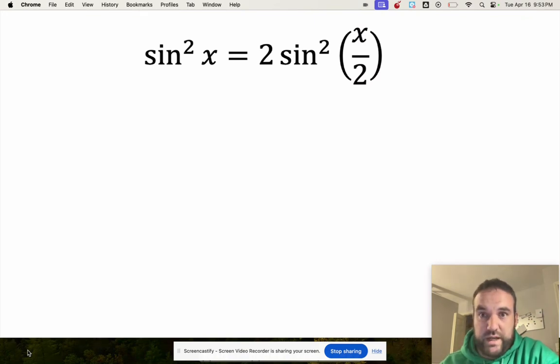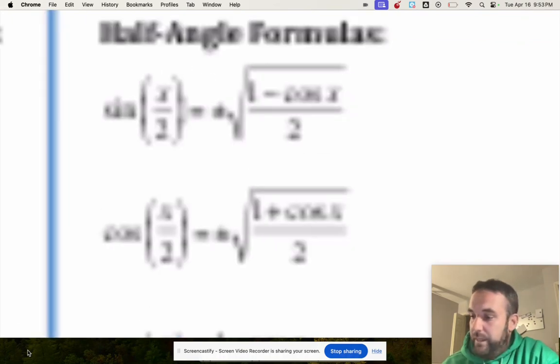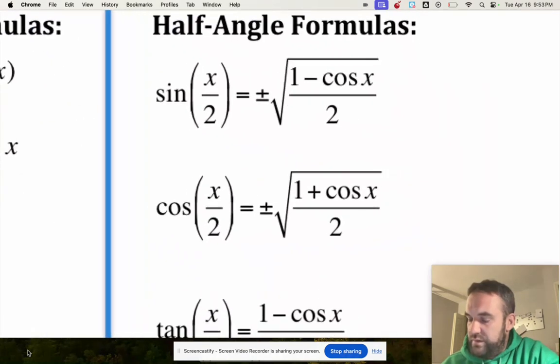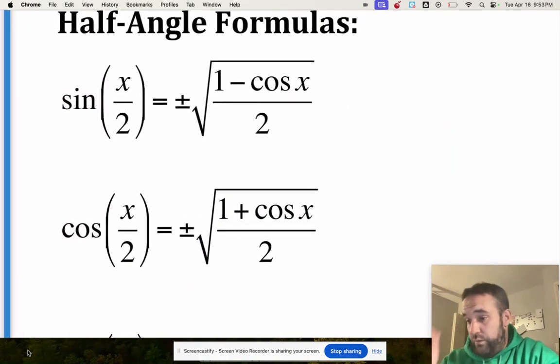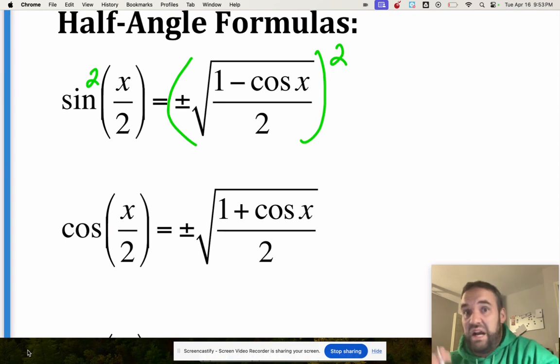That's a pretty dead giveaway for the half angle identity. So if I go back here, sine of x over 2 is plus or minus the square root. The good news is, guess what? I'm dealing with sine squared of x over 2, which means if I square this quantity, I just don't have the square root there anymore.